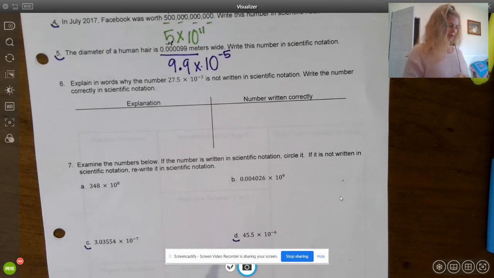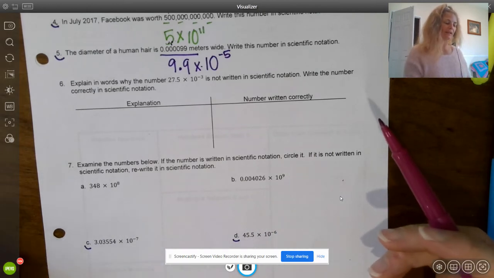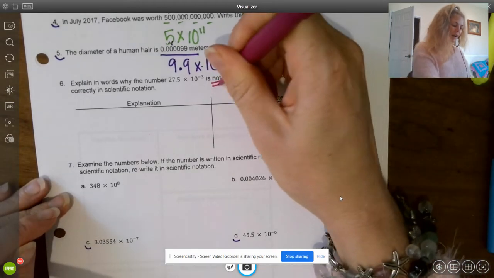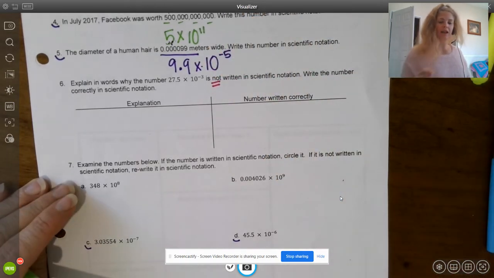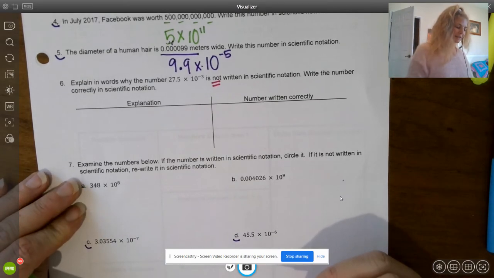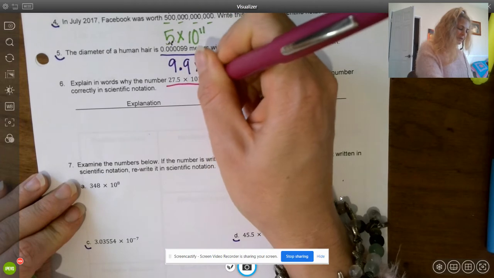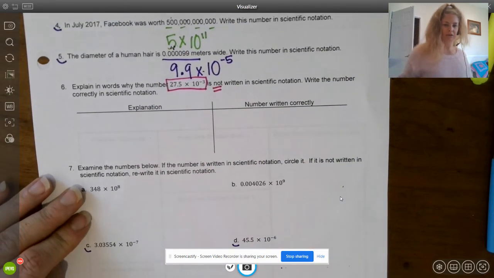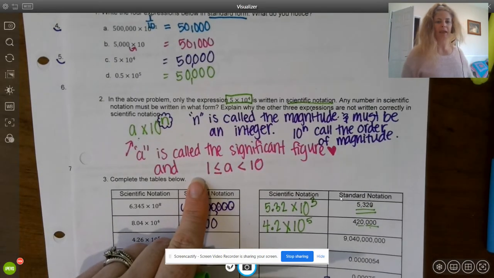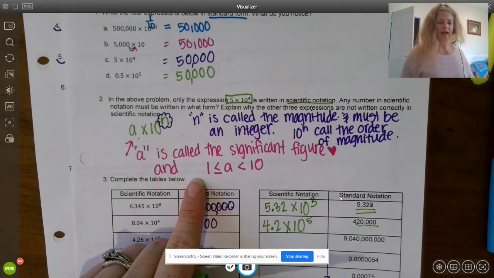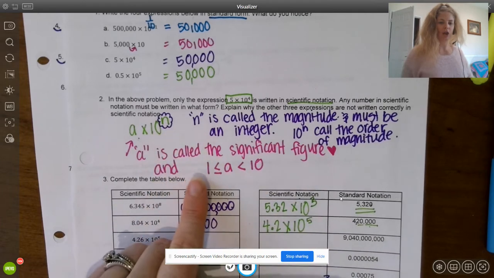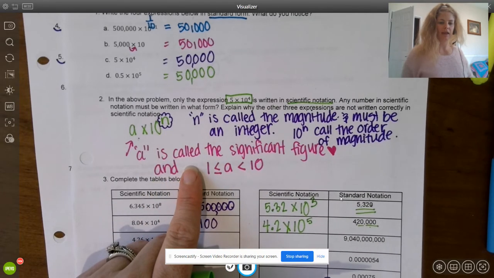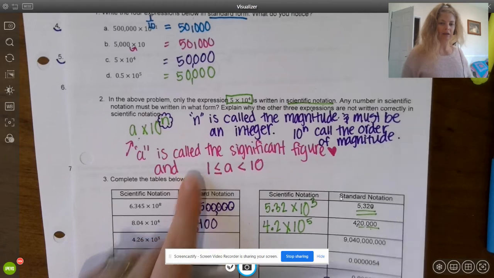Cool. So explain in words why 27.5 times 10 to the negative 3rd is not written in scientific notation, and then we're going to write it correctly in scientific notation. So the explanation, well, something about this is fishy. It doesn't match our definition. Remember what our definition is. Our definition is a times 10 to the n, where n is an integer and a is greater than or equal to 1 and less than 10.